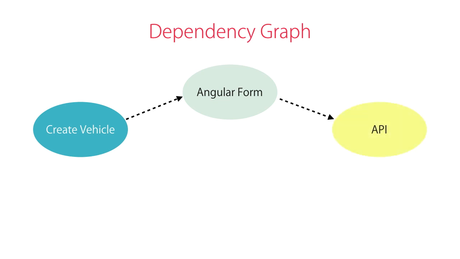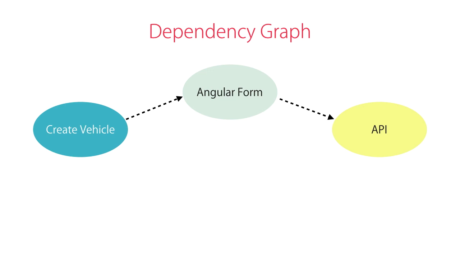So back to our dependency graph, we want to build this feature, create vehicle. In order to build this, first we need an Angular form. Now this form needs its data from the server. So in order to build this form, first we need an API. We need one or more API endpoints so we can get the data to populate this form.